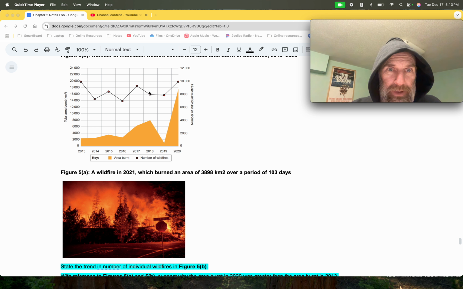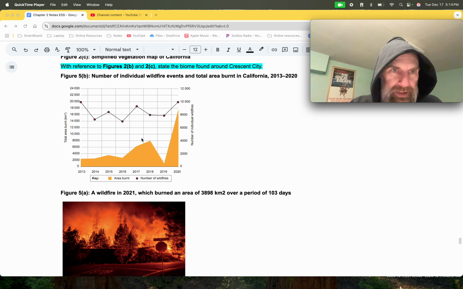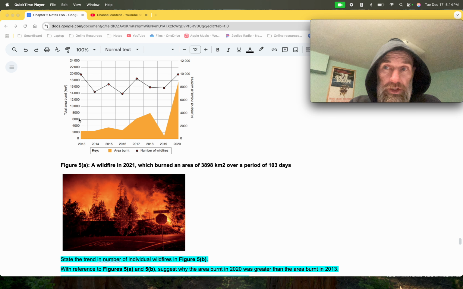Your average is probably right along here. Yep. Okay. With reference to 5A and 5B, so that's 5A and that's 5B. Suggest why the area burnt in 2020 was greater than the area burnt in 2013. It could be drought. All right.